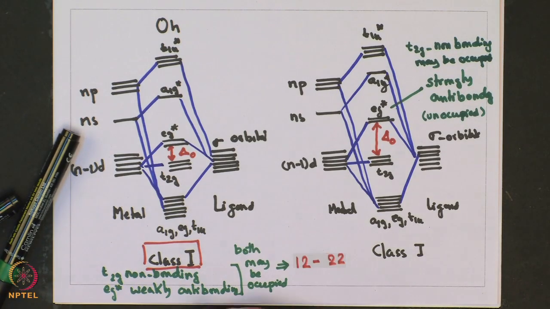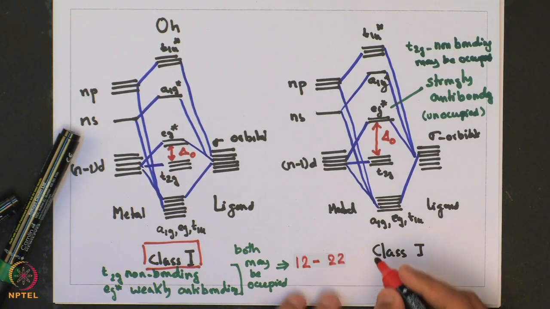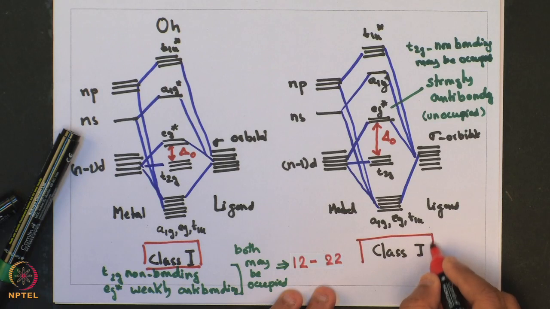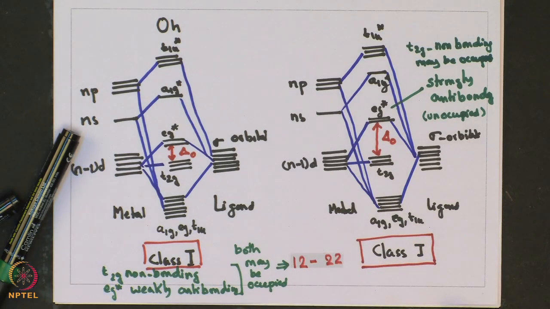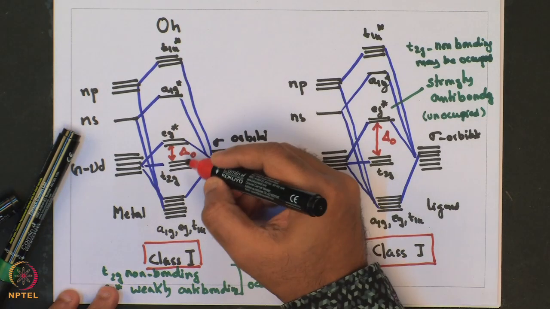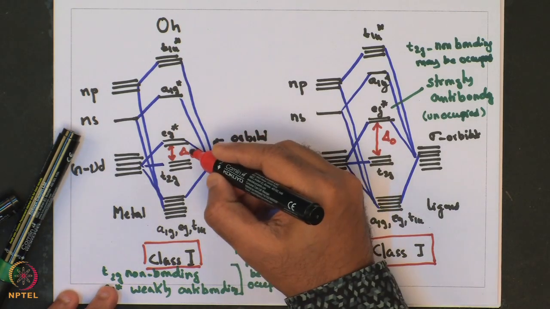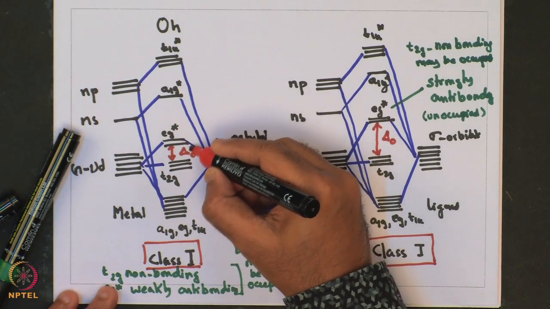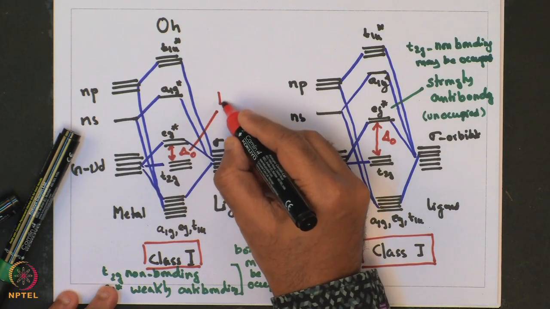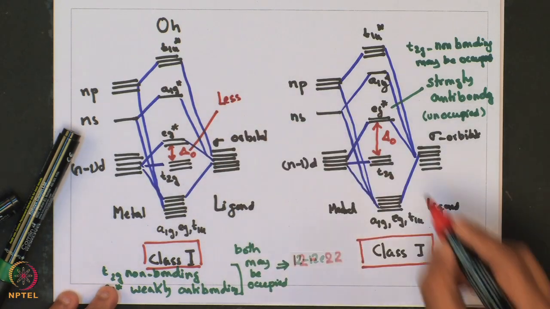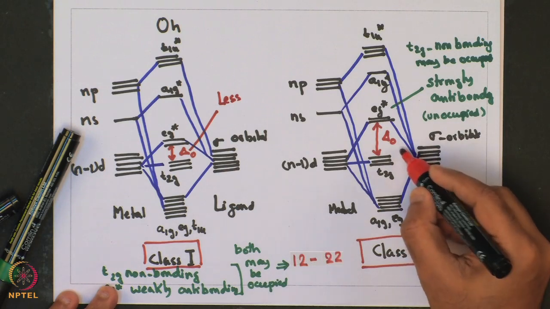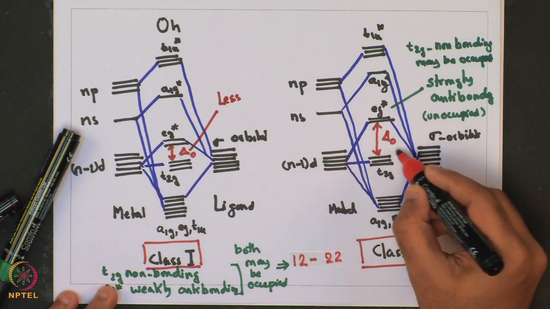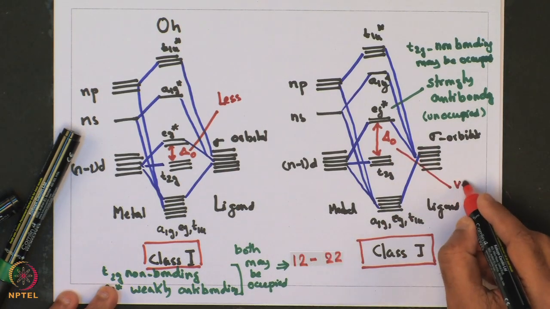That is the important difference between class 1 and class 2 complexes. In class 1 the octahedral delta 0 value is very small, while in class 2 it is very high.